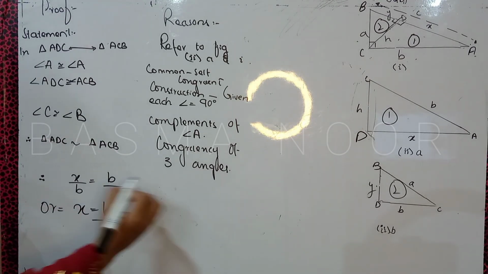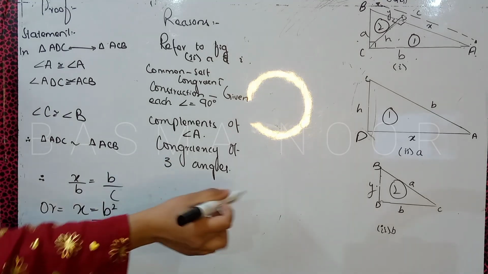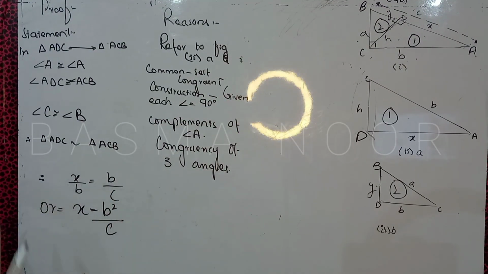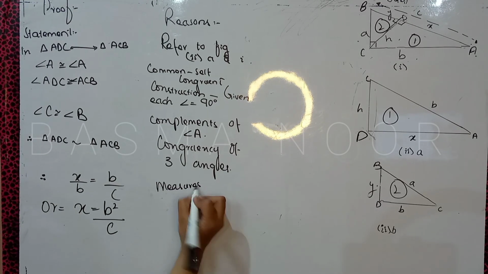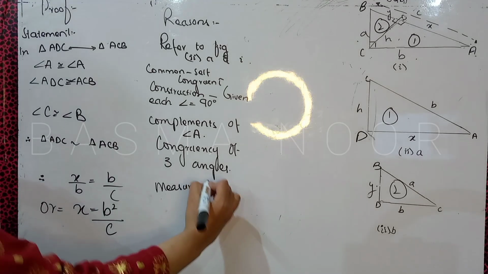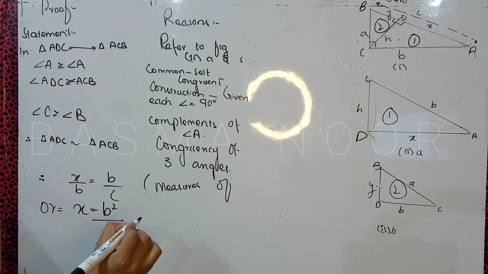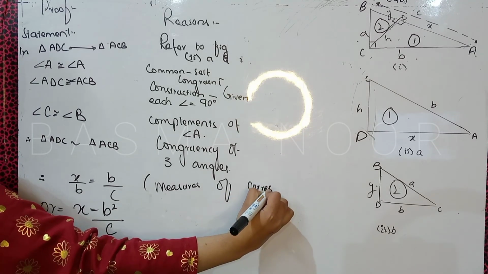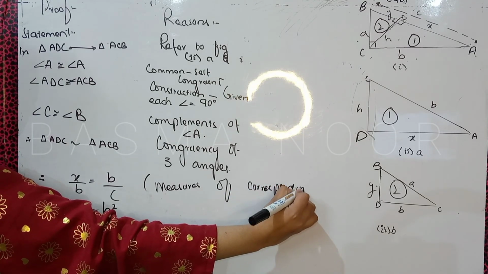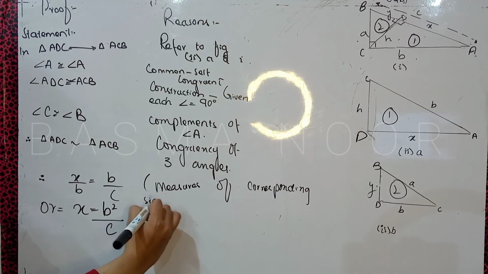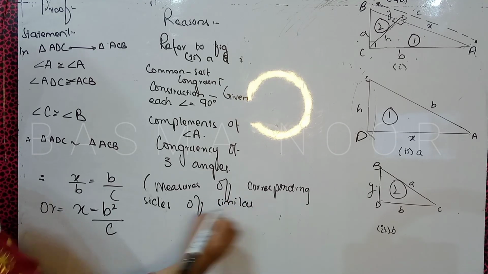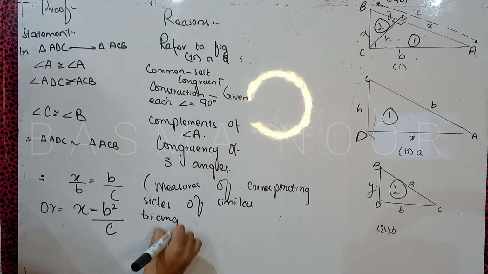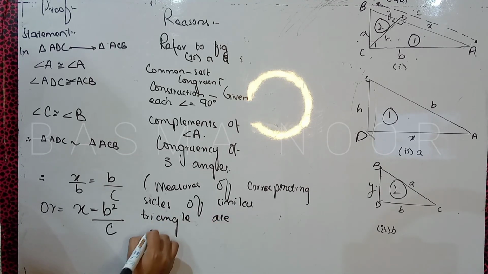And the reason for that is that measures of corresponding sides of similar triangles are proportional. We're going to write it here: measures of corresponding sides of similar triangles are proportional.